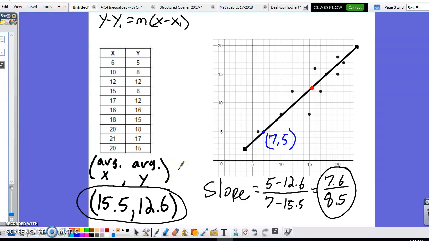What we're going to do is plug in our slope and plug in our balance point, and we're done. So y minus the y coordinate of my balance point equals my ugly looking slope there, 7.6 over 8.5, times x minus the x coordinate of my balance point.